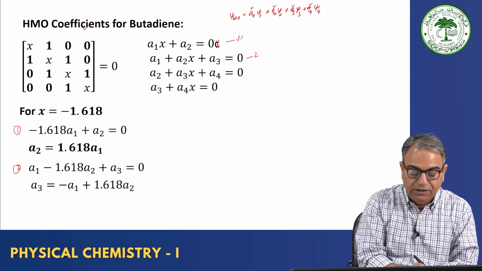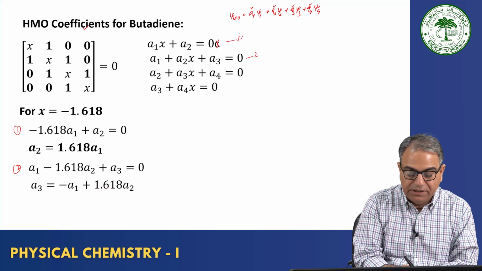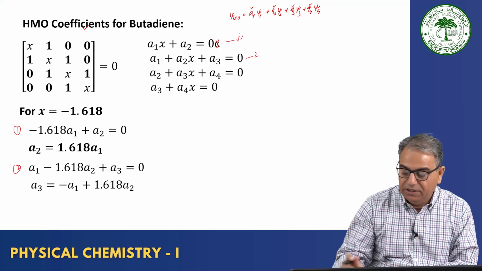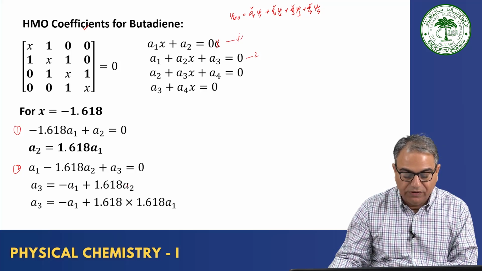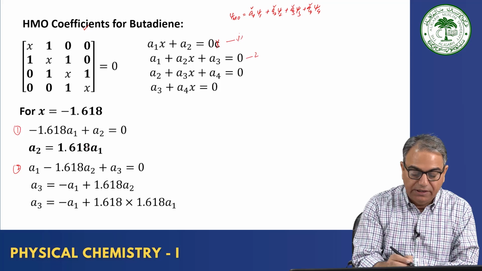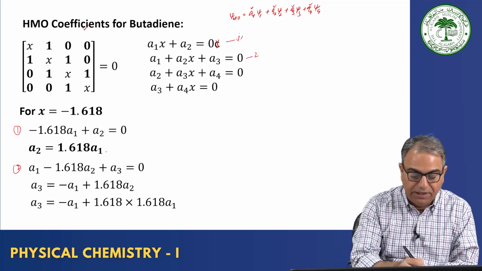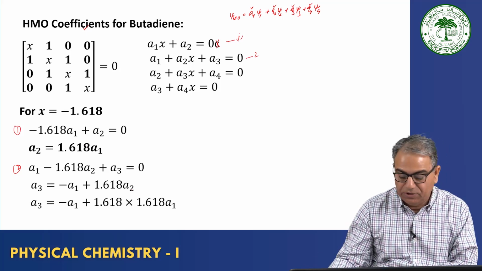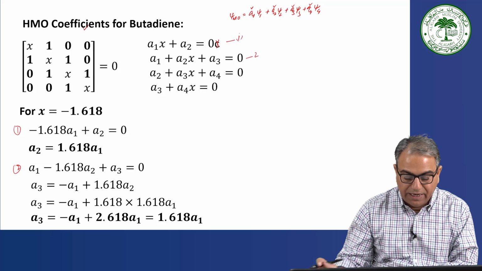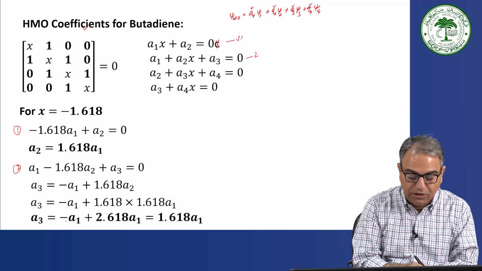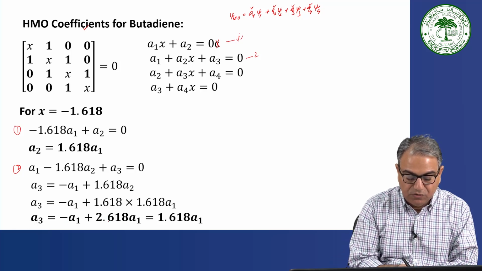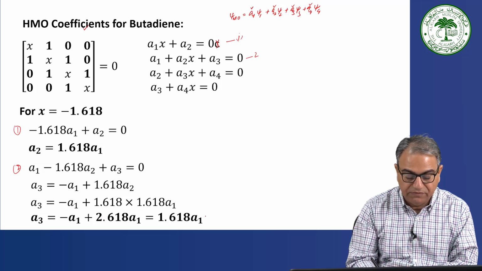See, A3 is equal to minus A1 plus 1.618 A2, and the A2 value is already there, so take the A2 value from here and put it at this point. Finally what you get is A3 is equal to minus A1 plus 2.618 A1, so 2.618 minus 1 will be 1.618 A1.